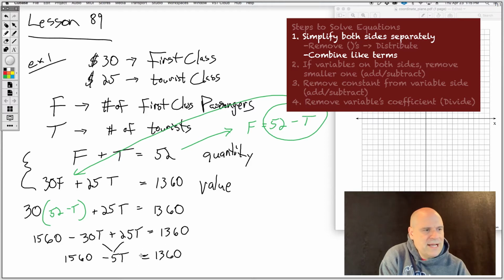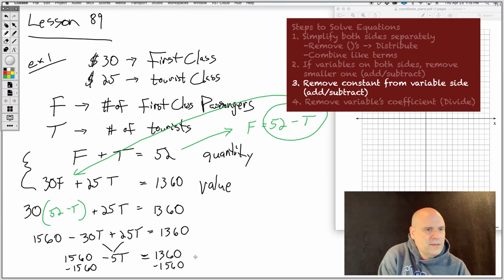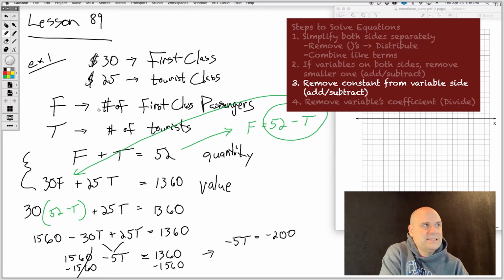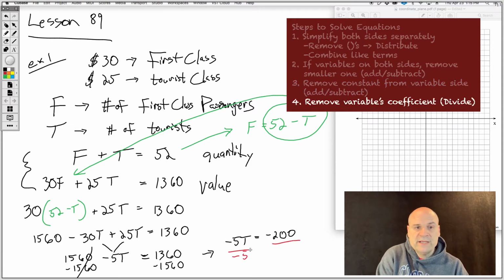Get rid of the constant on the variable side. So then we end up with negative 5T equals negative 200. Last step to solving equations, divide by the variable's coefficient. So we're dividing by negative 5, which works out nice because we don't want negative passengers. Negative 200 divided by negative 5 is positive 40.